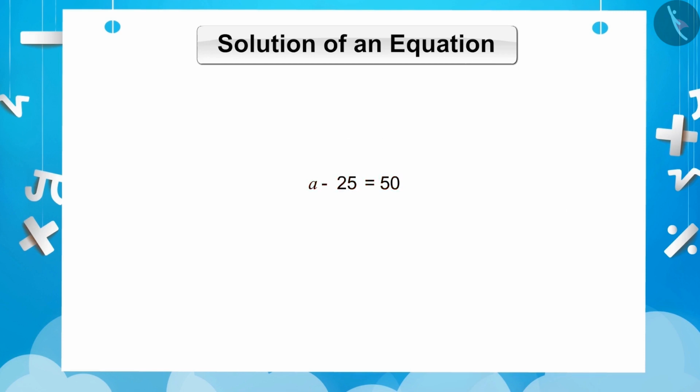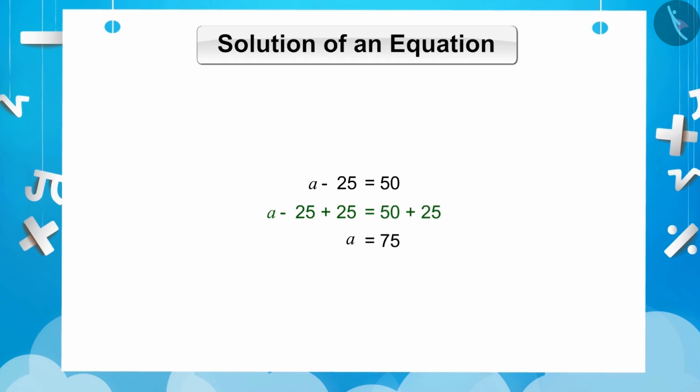To solve this equation, we have to add 25 on both sides so that the equation will remain balanced. Therefore, the new LHS will be a minus 25 plus 25, and the new RHS will be 50 plus 25. Solving this, we get a is equal to 75.